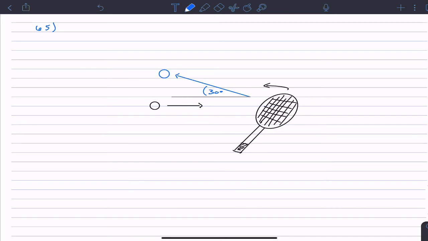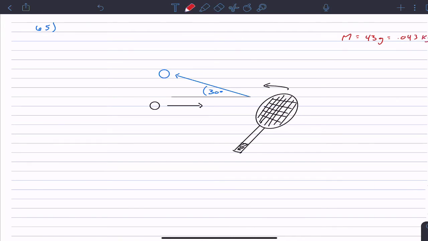Okay, and then it wants us to find what is the average vector force exerted on the racket by the ball if they are in contact for 2.5 milliseconds? Well, let's just list everything that we're given in the problem before we move on. So it's 43 grams is equal to 0.043 kilograms.